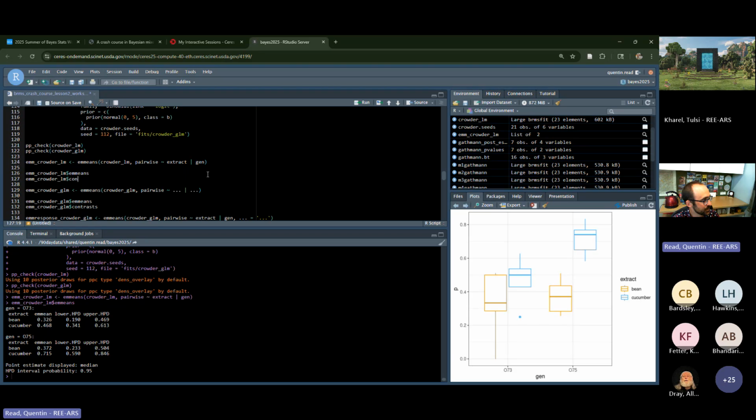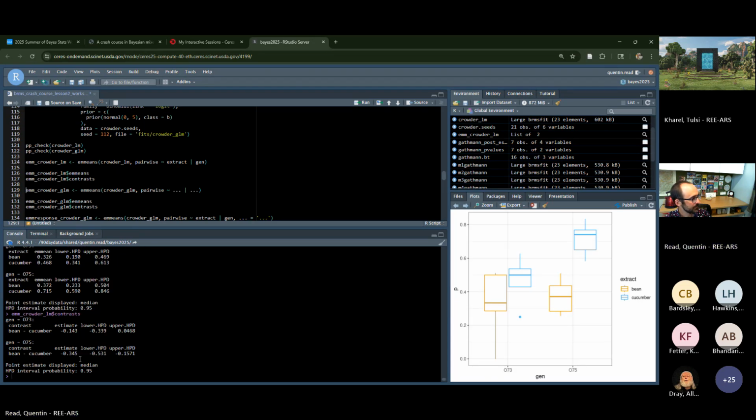We can also look at the contrasts, the difference in the proportions between the two. So like the difference between 0.32 and 0.46 and its credible interval, and the difference between 0.37 and 0.71 and its credible interval. You can see there's the differences in the proportions and the credible interval.